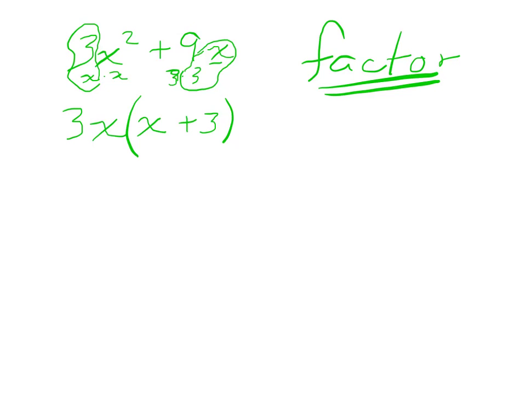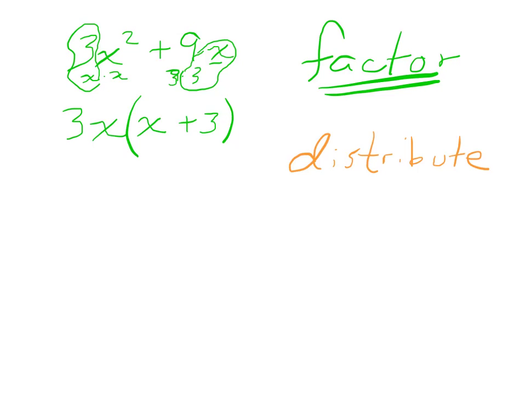So now I'm going to actually distribute. So this is a different problem. I'm going to go ahead and distribute, and in doing that, I'm going to take the 3x and distribute it both in. So the 3x to the x and 3x times 3. So it's 3x times x plus 3. We're going to distribute it in.